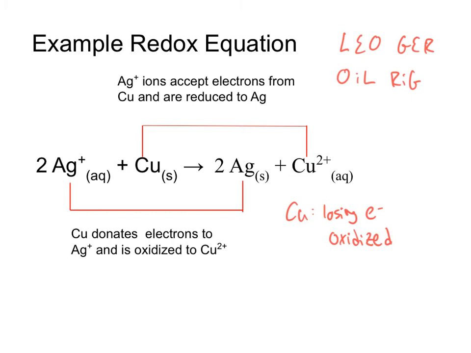Now when copper is losing its electrons, silver is then gaining those electrons. Silver is going from an oxidation number of +1 to an oxidation number of 0.